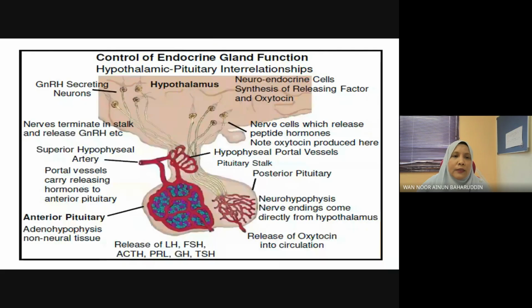Okay. These are all of those illustrations of how the control of endocrine gland function and their interrelationship. GnRH secreting neuron.